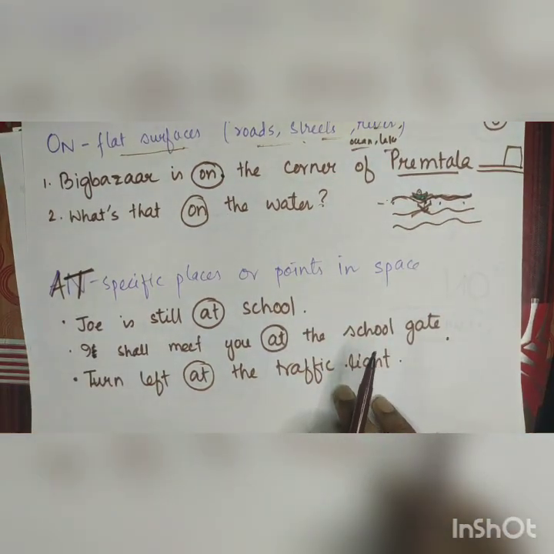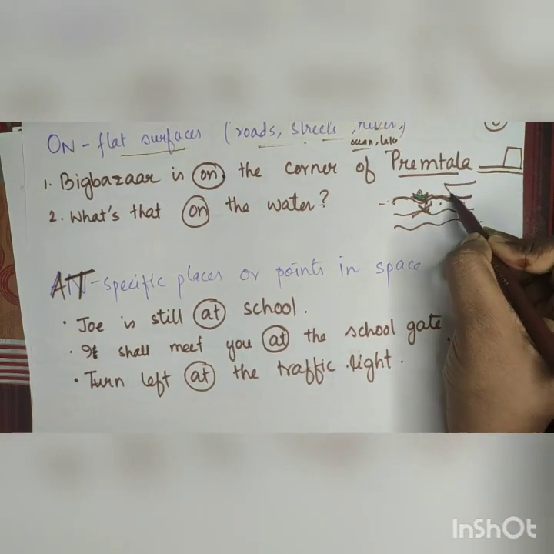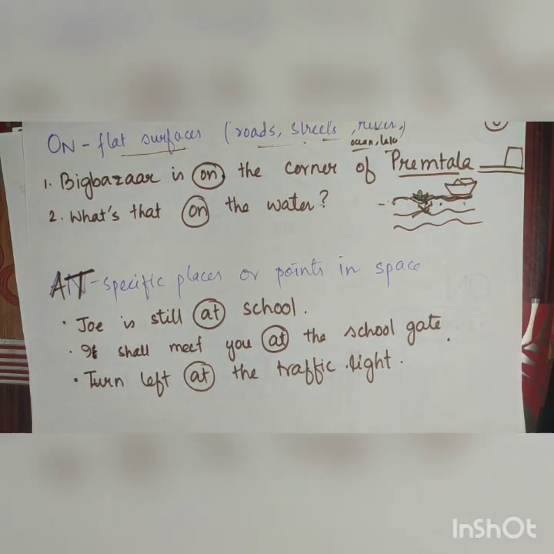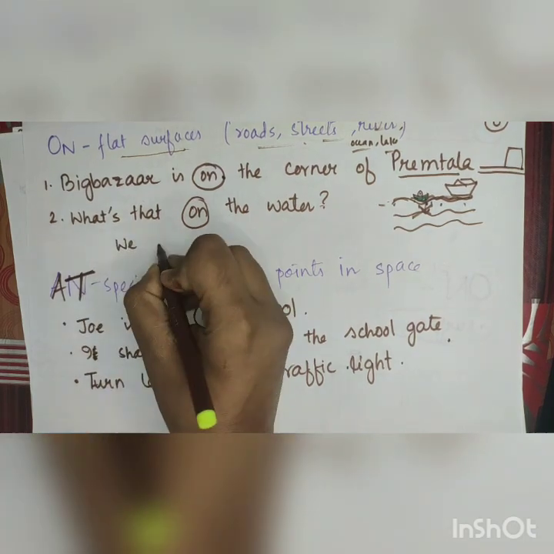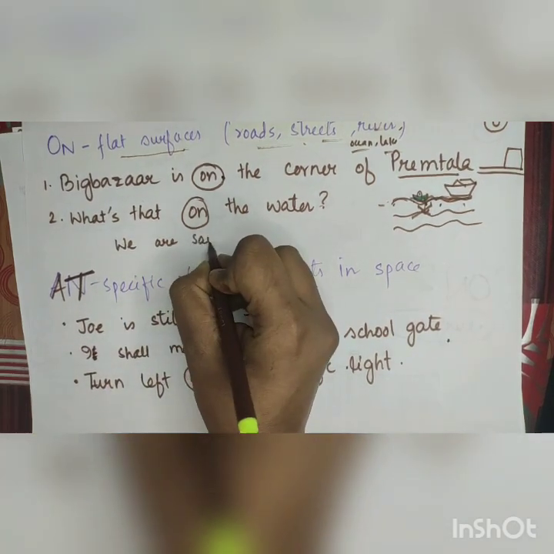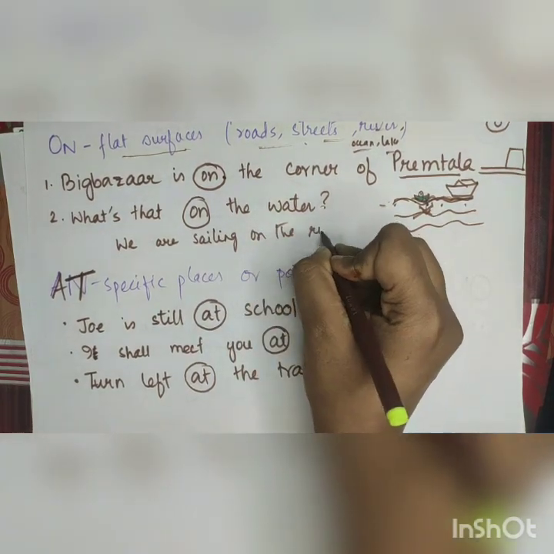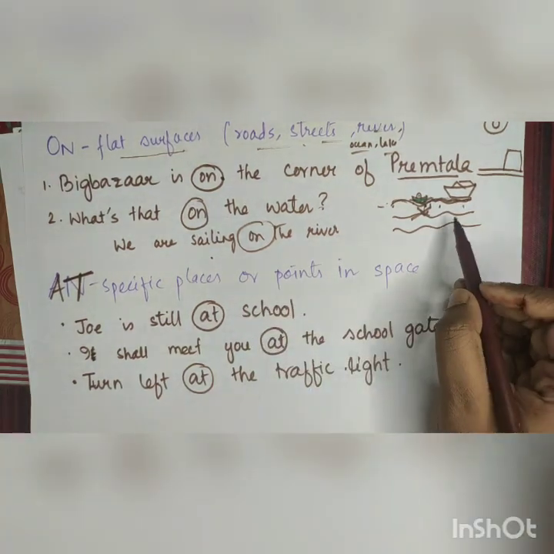Now let's suppose there is a boat. Boat, you understand? So we can say, we are sailing on the river. When you sail on a river, you use a boat.